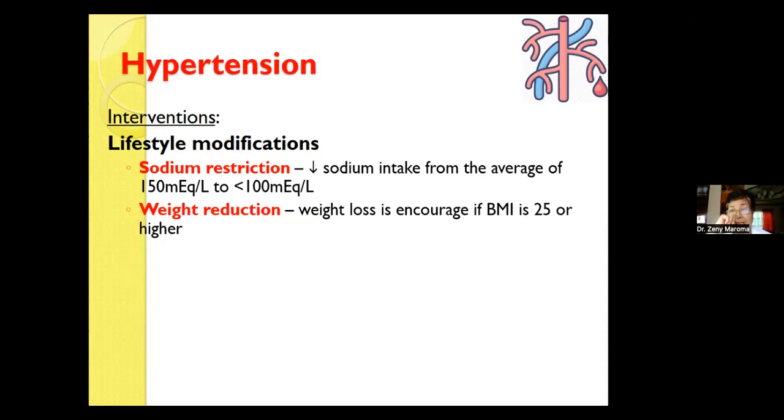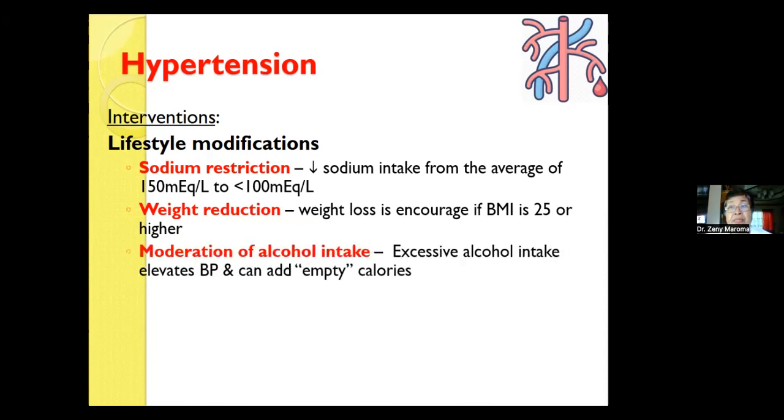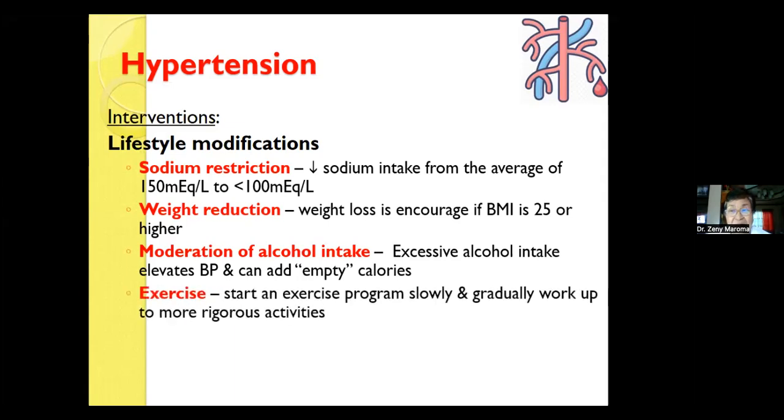So therefore, lifestyle modification: low sodium diet, weight reduction, especially obese, and BMI is 25 or higher. Moderation of alcohol intake because it elevates the blood pressure. It can add to empty calories lang. Regular exercise. Start an exercise program slowly and gradually work up to more rigorous activities.